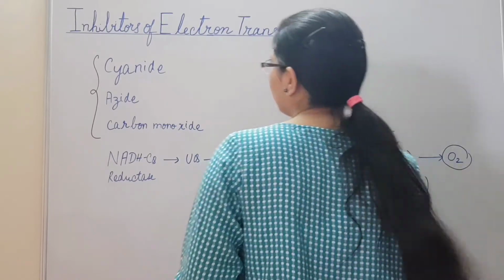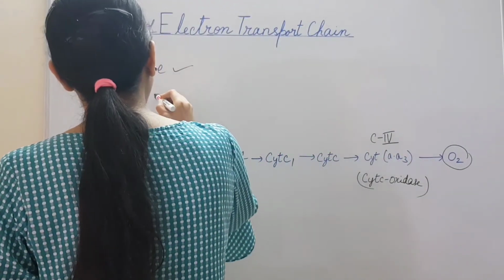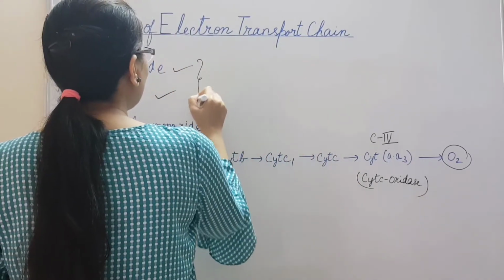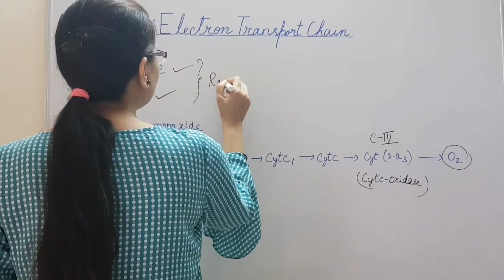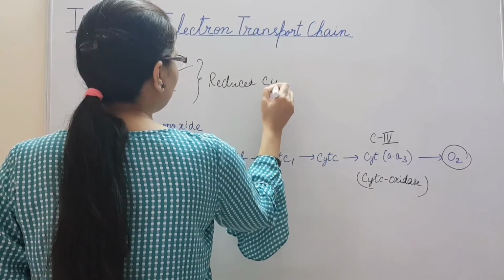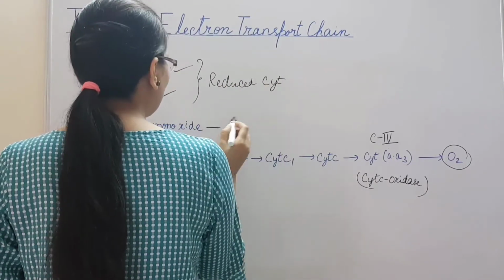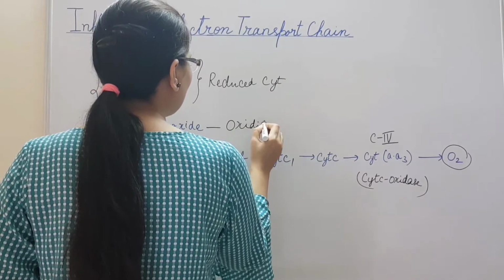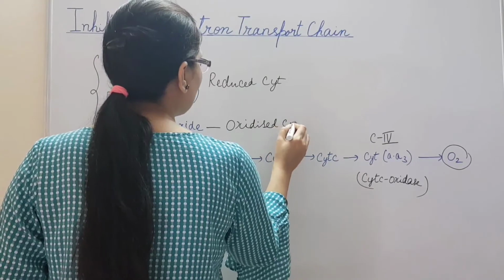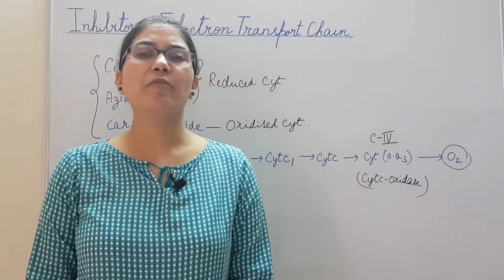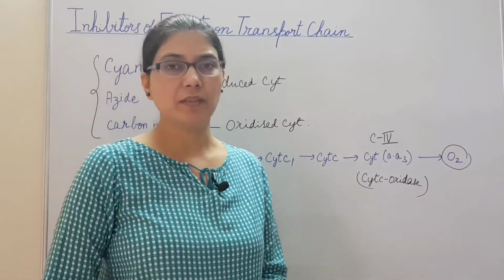Among them, cyanide and azide bind with the reduced form of cytochrome, and carbon monoxide binds with the oxidized form of cytochrome.